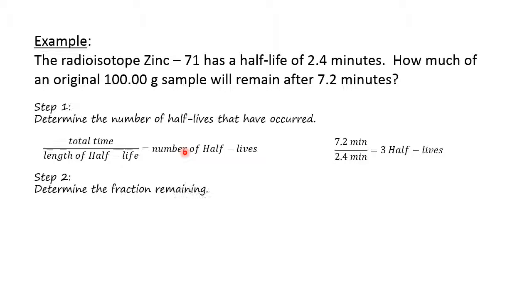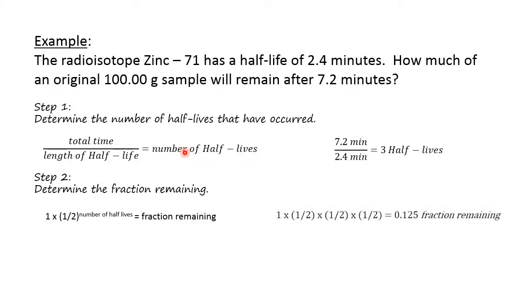Okay, so our next step is then to determine the fraction remaining of the radioisotope. So how much radioisotope is left after these 3 half-lives have occurred. And so to do that, we basically just take 1, which represents the whole, and we multiply that by a half for every number of half-lives that have occurred. And that should give us the fraction remaining.